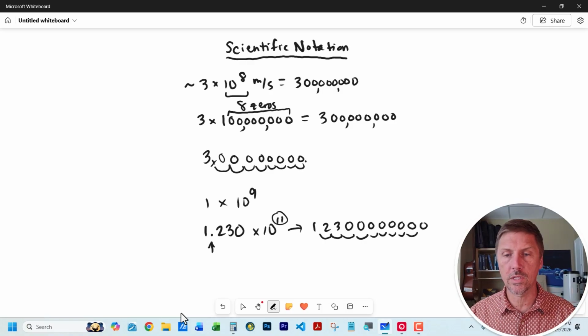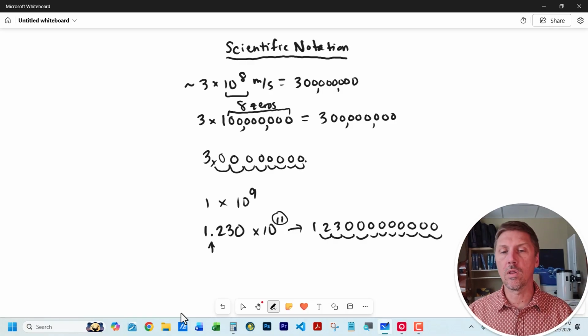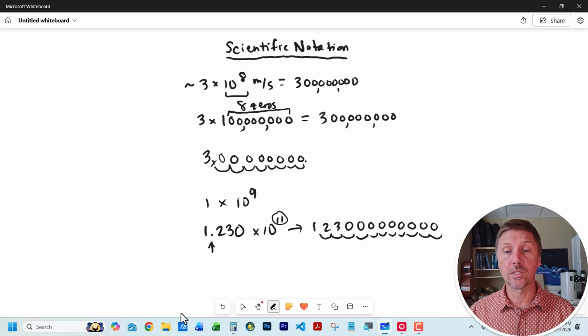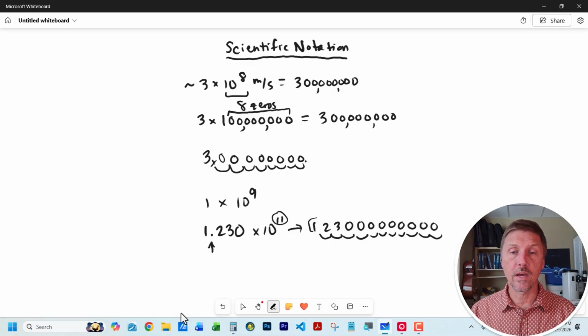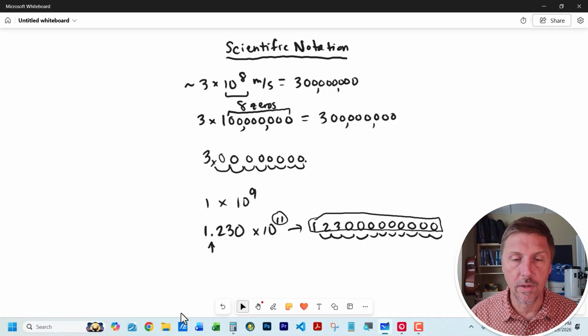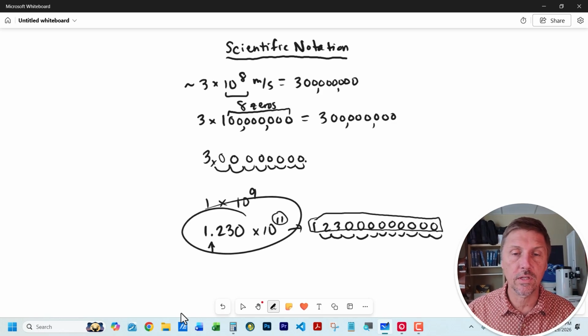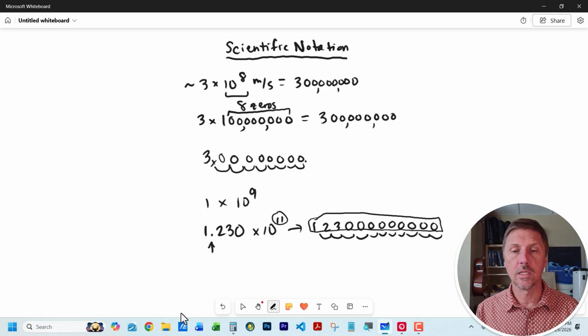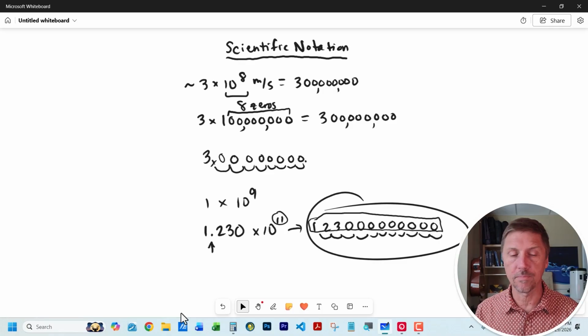Need a couple more zeros, 10, 11, right? That moves our decimal all the way 11 spaces to the right. And so this value here would be this scientific notation number represented in standard form or in decimal notation.